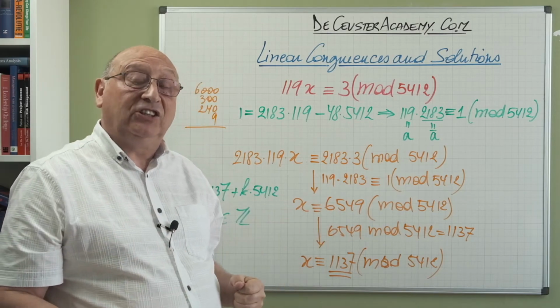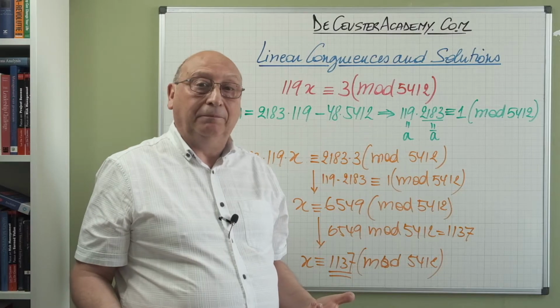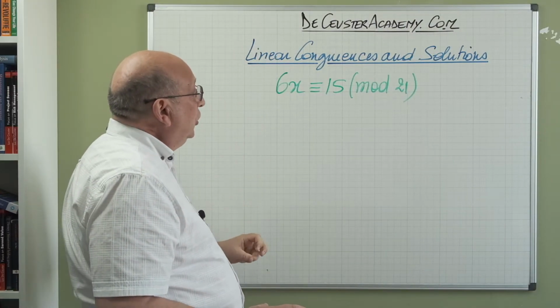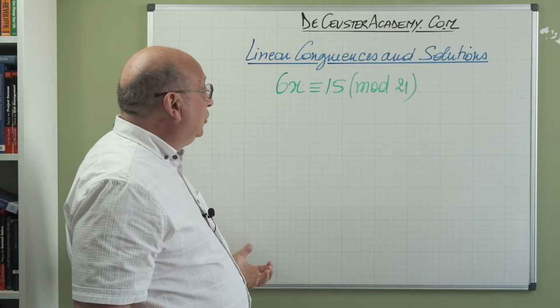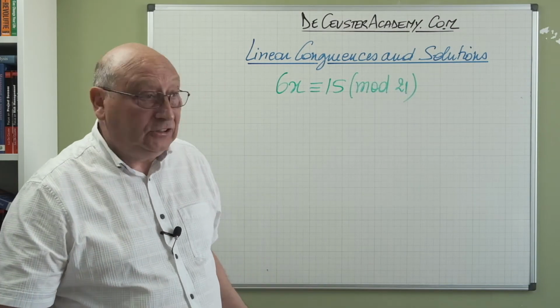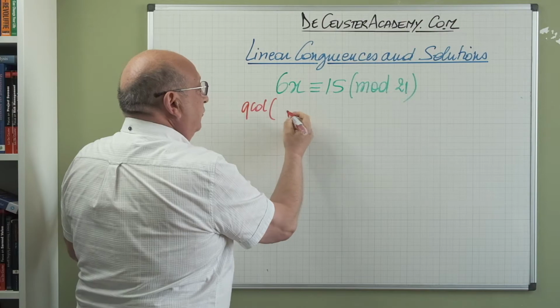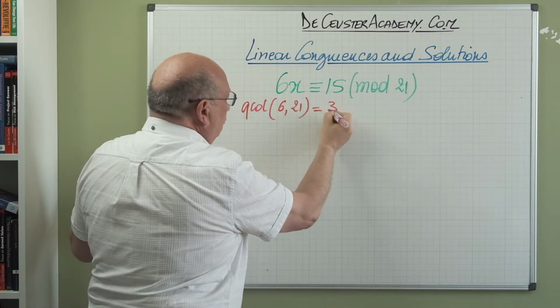Let's do another exercise where the GCD is not equal to 1. Let us now consider a linear congruence where we already know that the GCD is not equal to 1. Let's just take the GCD here, GCD of 6 and 21 is equal to 3.